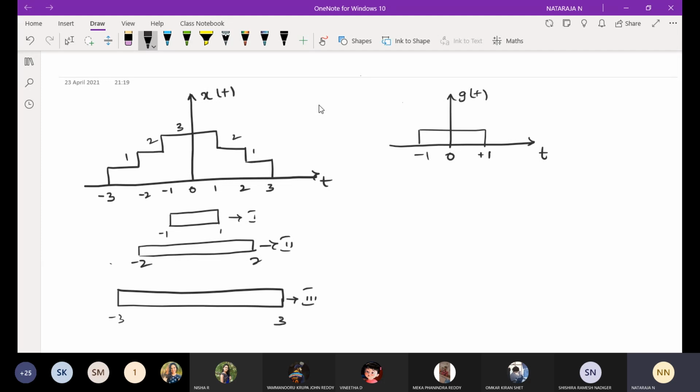Now, can you tell me the relation for x of t? x of t is equal to g1 of t plus g2 of t plus g3 of t. Can you tell me g1 of t, g2 of t, g3 of t in the standard g of at form? g of at, sir.